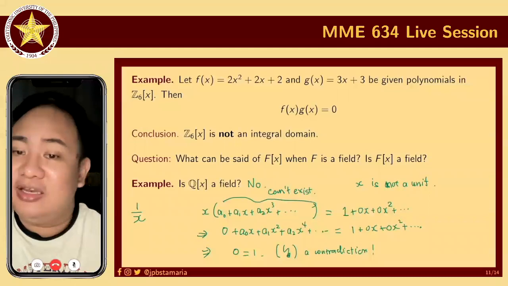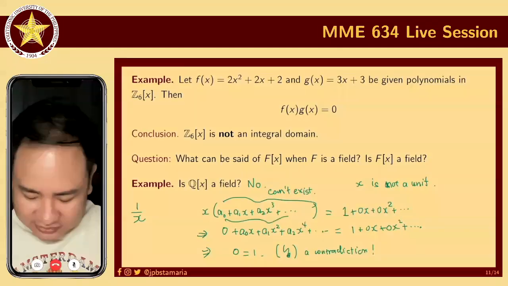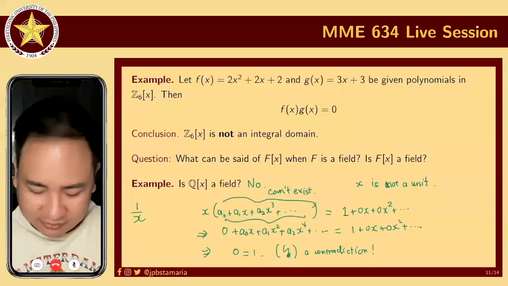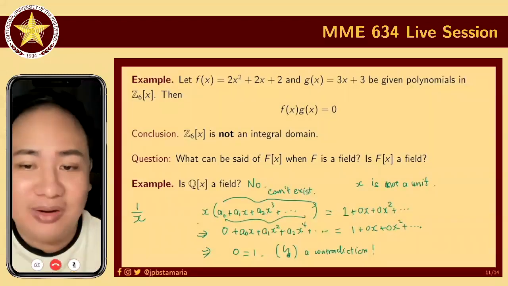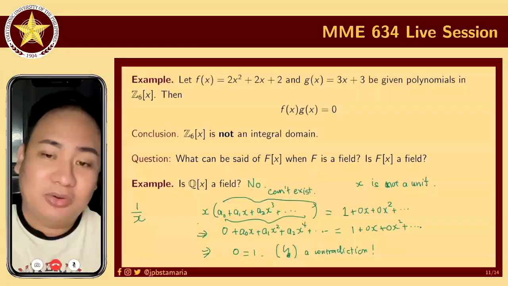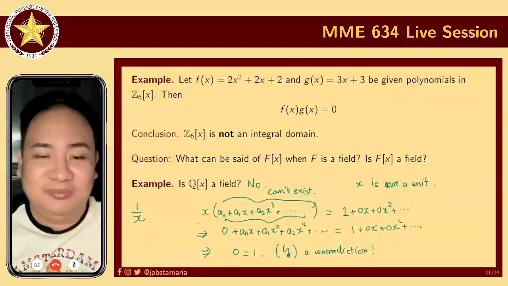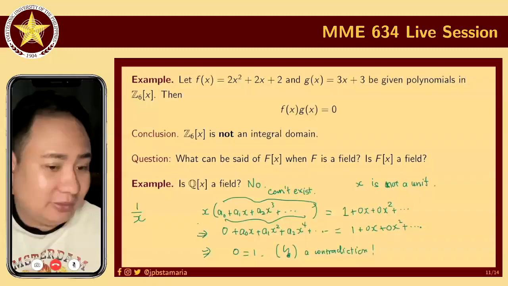Kaya ako ginawa ito. Kunwari may polynomial na nag-e-exist na mamumultiply ko sa x para maging 1. Ang naging consequence in the end, 0 is equal to 1. Of course, that's a clear contradiction. Therefore, such a polynomial cannot exist. So, maliban sa ang 1 over x ay hindi polynomial, na-prove mo pa na wala kang ibang polynomial na maimumultiply sa x. So, that the product is 1.